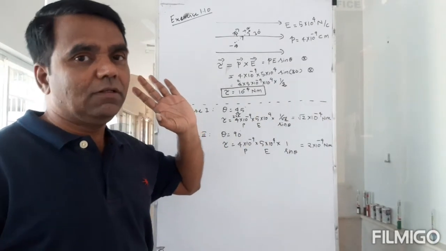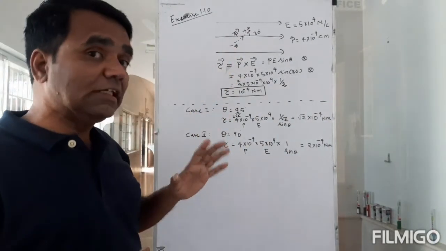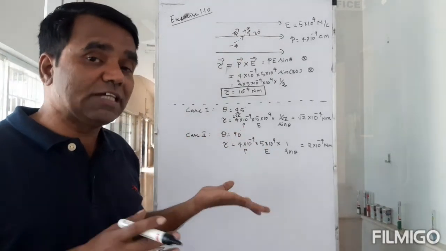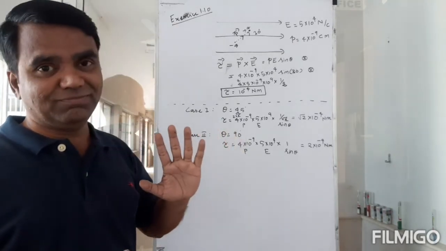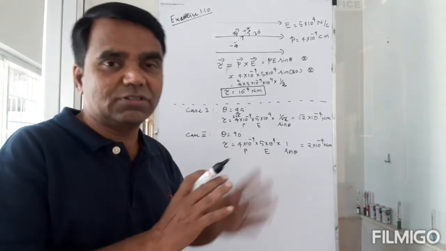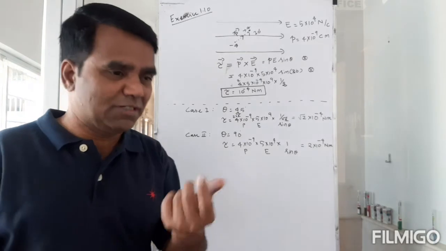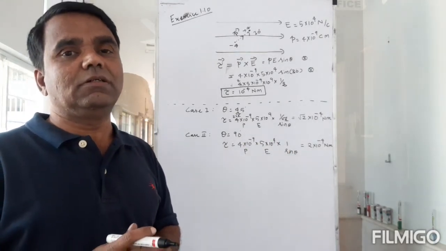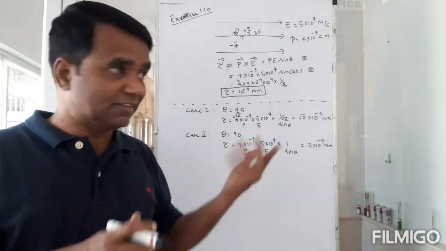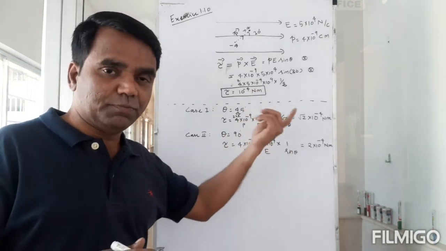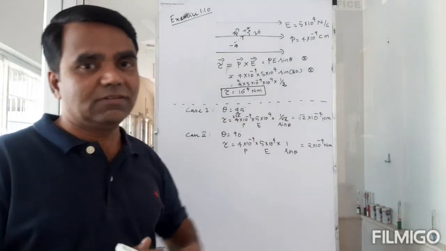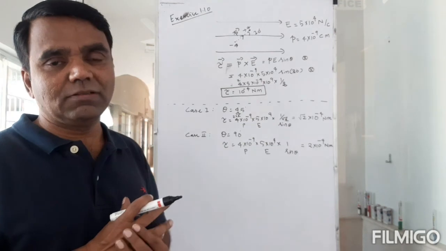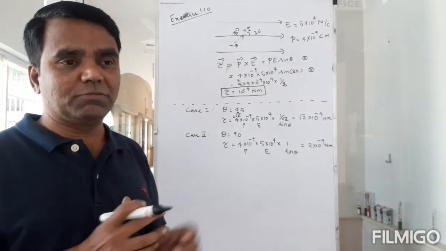But if we keep the dipole in a non-uniform electric field, the net force on the dipole is also non-zero, and net torque is not 0 anyway, except maybe one or two positions where the angle will become sine 0 or sine 180. That's when you may probably get the torque to be 0, but that's in one position.